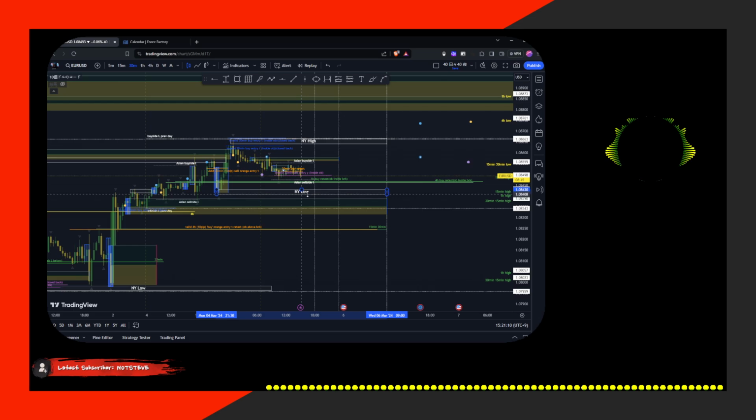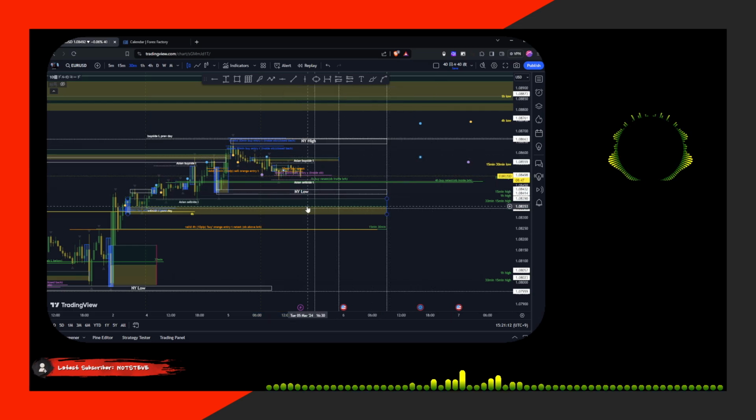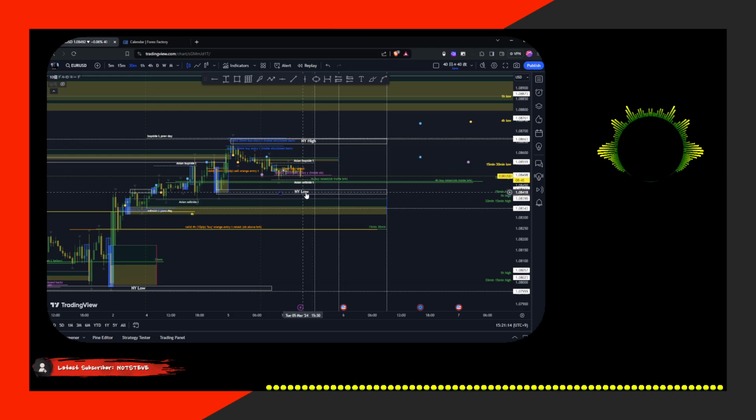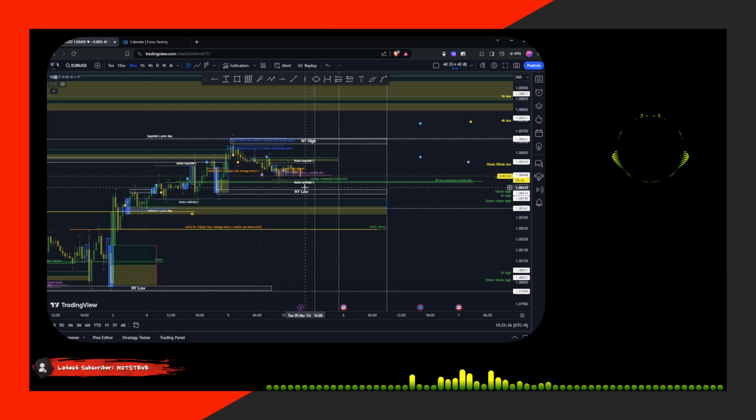With the introduction of this New York low, we see that it is lining up with our 4 hour. So for me today my bias is mostly bullish, but that is yet to be seen.